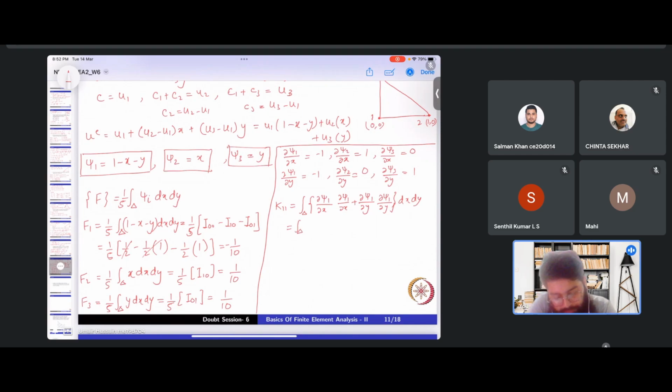So dou psi 1 by dou x is minus 1, and minus 1 times minus 1 is plus 1, and dou psi 1 by dou y is again minus 1. So we have 1 plus 1, we get 2, times dx dy. So again 2 times I00, and I00 is the area, so 2 times half gives us 1.